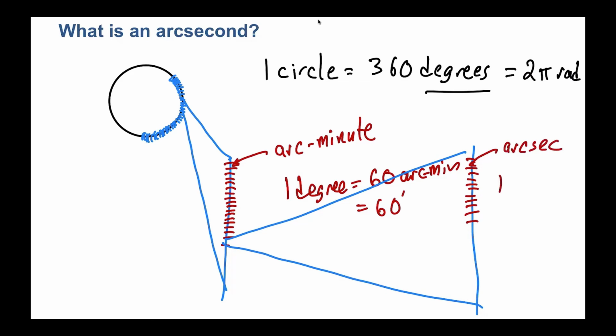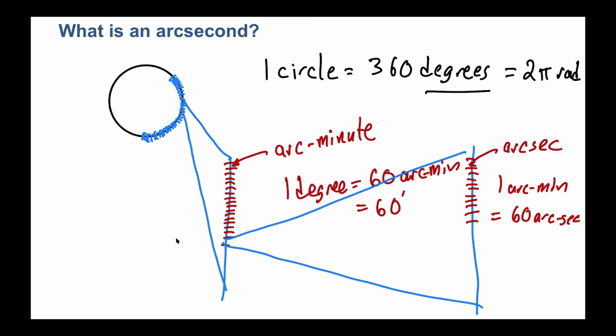And so 1 arc minute is equal to 60 arc seconds. So an arc second is 1/60th of 1/60th of a degree, which is already 1/360th of the entire way around the circle. This is a very small unit of angular measurement.